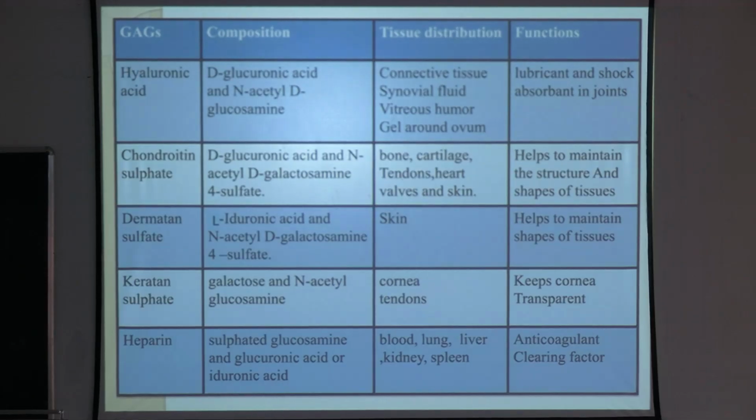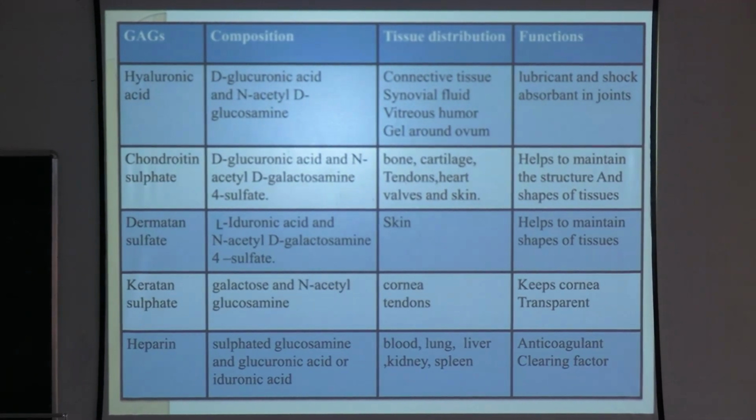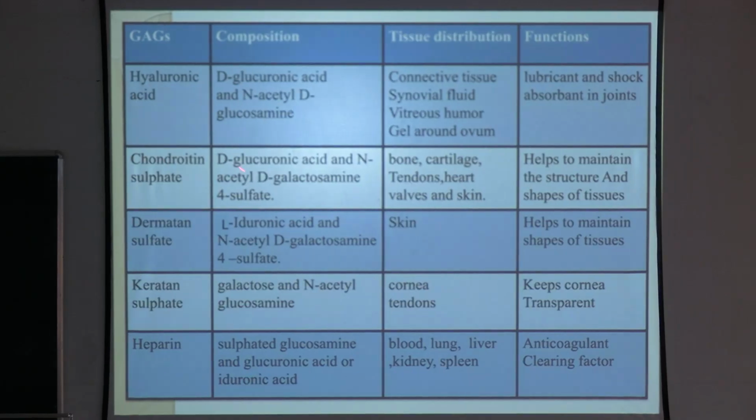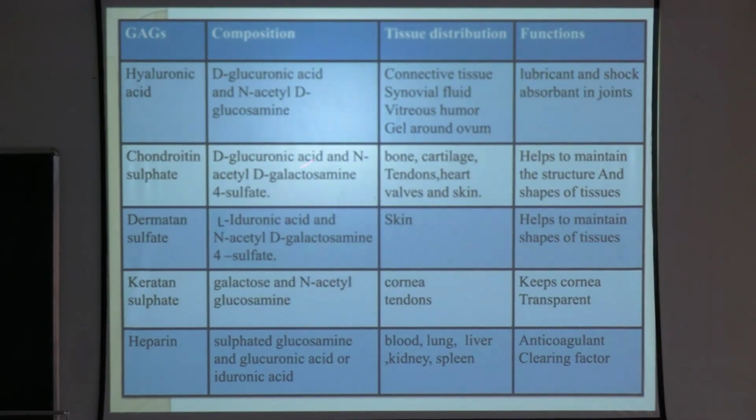Only two types of sugar acids are there, glucuronic and iduronic. Iduronic acid is there in dermatan sulfate. Easy to remember, iduronic, D for dermatan. Now chondroitin sulfate contains glucuronic acid and N-acetyl D-galactosamine. Both contain N-acetyl D-galactosamine, not simple galactosamine.